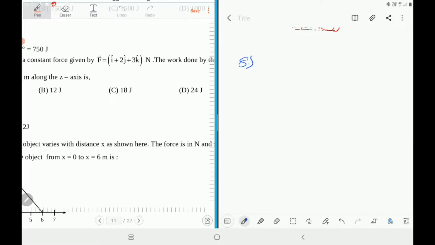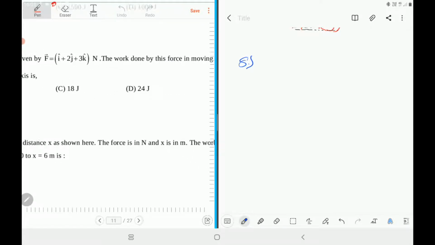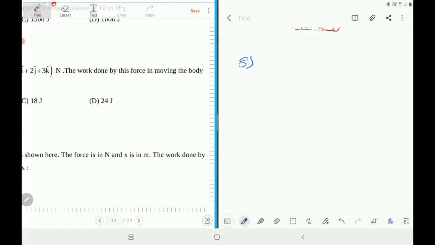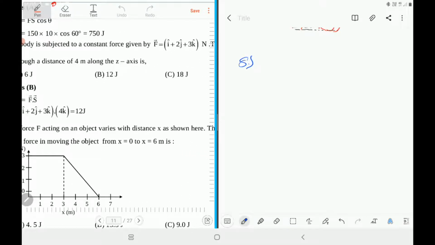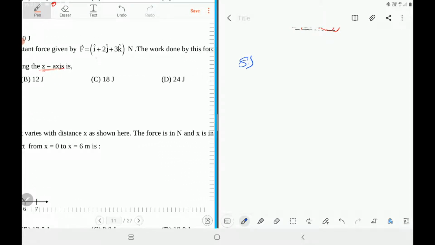Now continue with the third one. The work done by the force in moving the body through a distance of 4 meter. Which direction? Z-axis. You are moving it along the Z-axis. The force has been distributed along 3 axes as 1i, 2j, 3k.